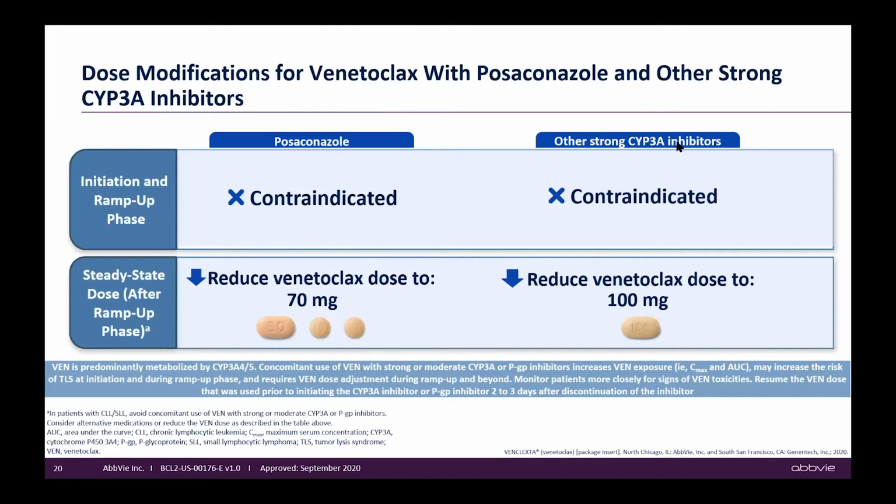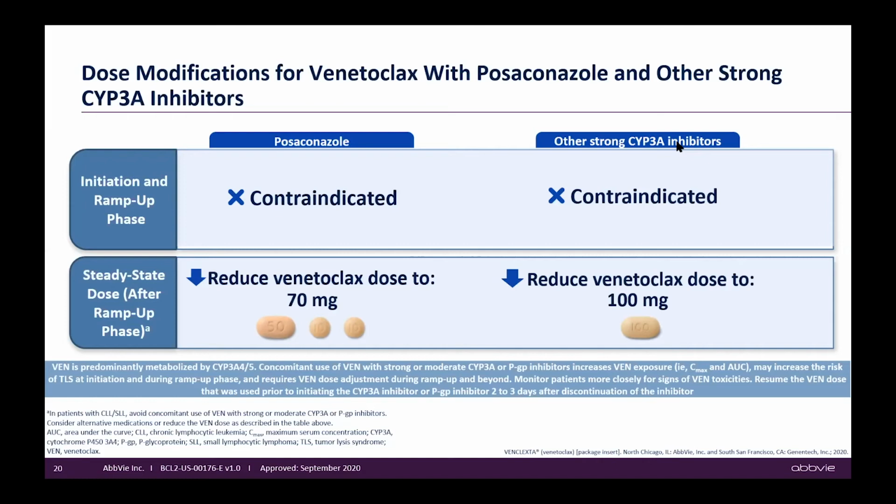Another important aspect of supportive care and management for these patients is considerations for dose modifications due to drug interactions. It's of note and interesting that the package insert was recently updated, where prior to the update, the recommended dose modification for posaconazole with venetoclax would be to dose reduce the venetoclax by 75%.